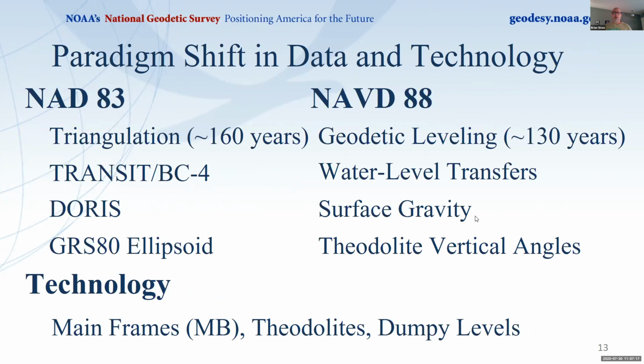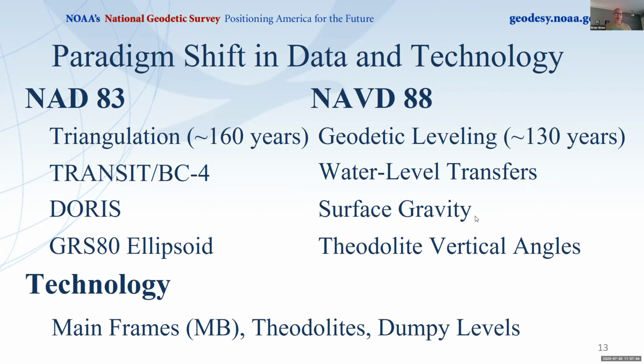Another reason to move forward is this paradigm shift in data and technology. These datums were built on old technology, and they were really built for that old technology and the different accuracy needs of those technologies. Unfortunately, these came out at the time when GPS was just beginning to become available to the public.